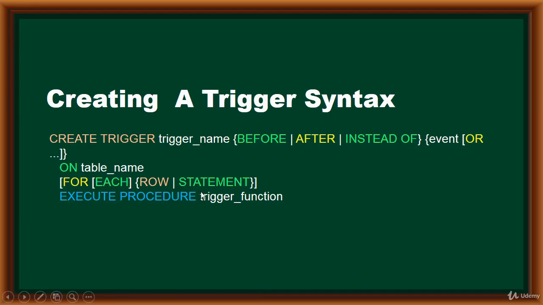Notice I've got event here. The event could be anything, like an insert when something's inserted into a table. It could be an update. It could be a delete, or it could even be a truncate statement. So you can define a trigger that fires before or after an event.